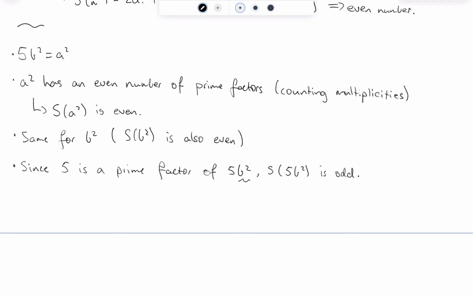So it depends on S of b squared being an even value.